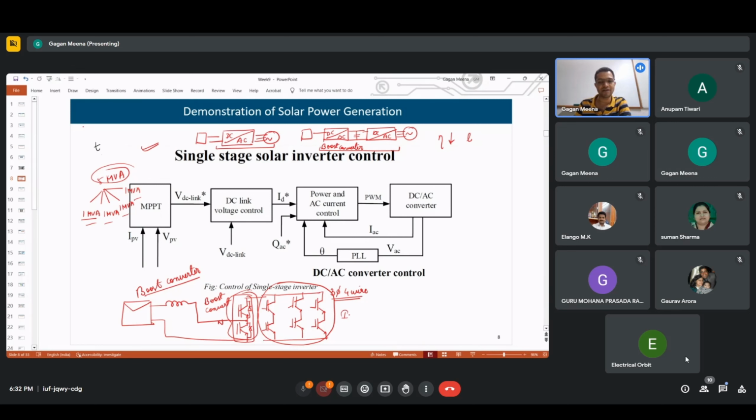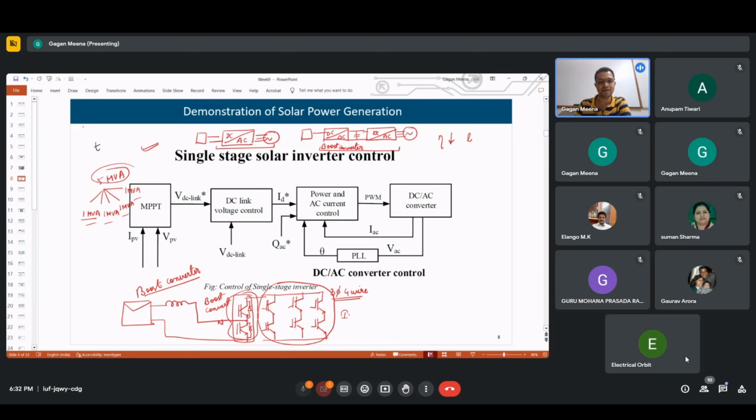Here the DFIG has been considered. What is the full form of DFIG? Double cage induction motor? No, it is an induction generator. Doubly fed induction generator.